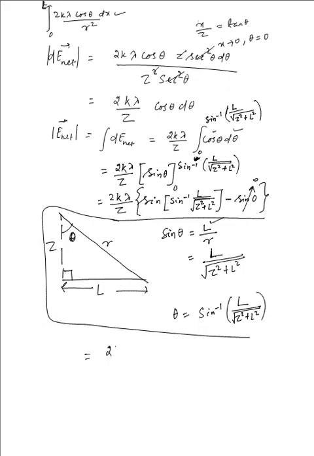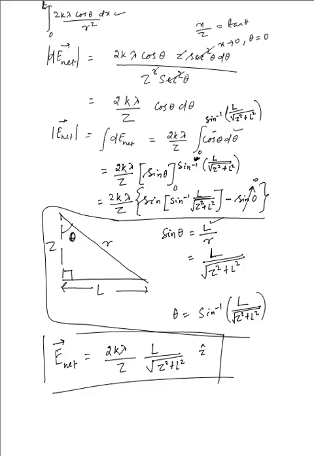So 2k lambda divided by z. Sine of sine inverse cancelled out. So all that you're left with is L divided by the square root of z square plus L square. This is the value of the net electric field, and we know that this electric field vectorially acts along the z direction because we have a positive charge. This is going slowly.